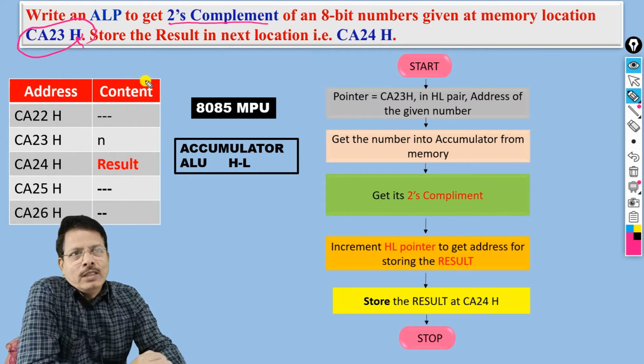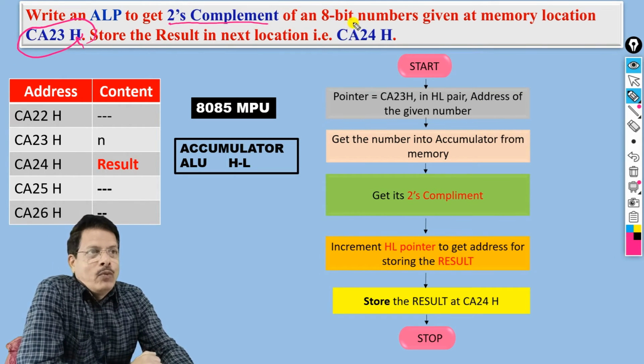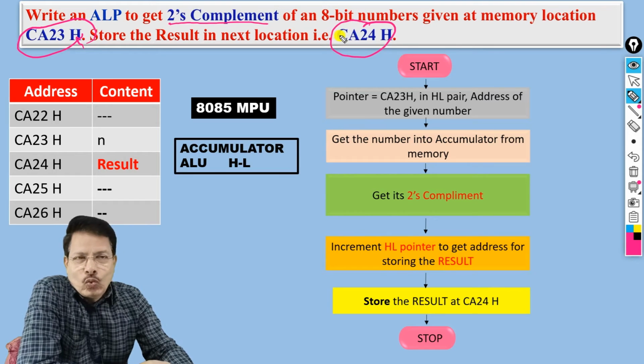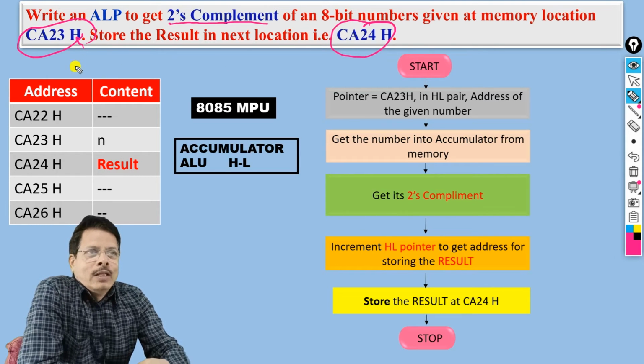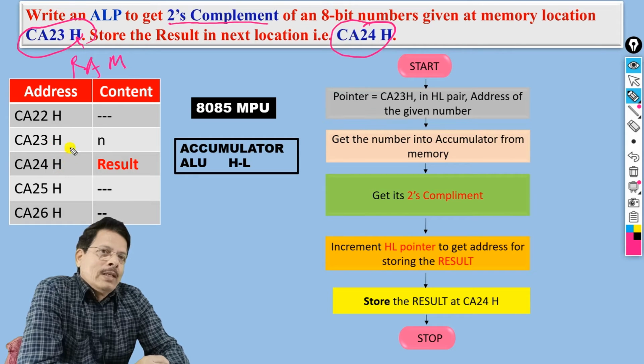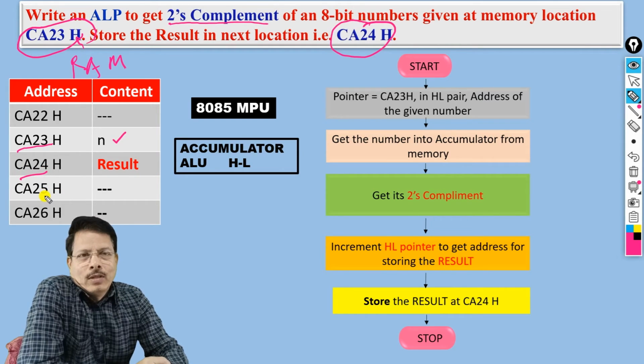The number is assumed to be in CA23, and we want to store the result in the next location, CA24. In the RAM picture, at CA23 we have this number, and we want the result to be stored at CA24.